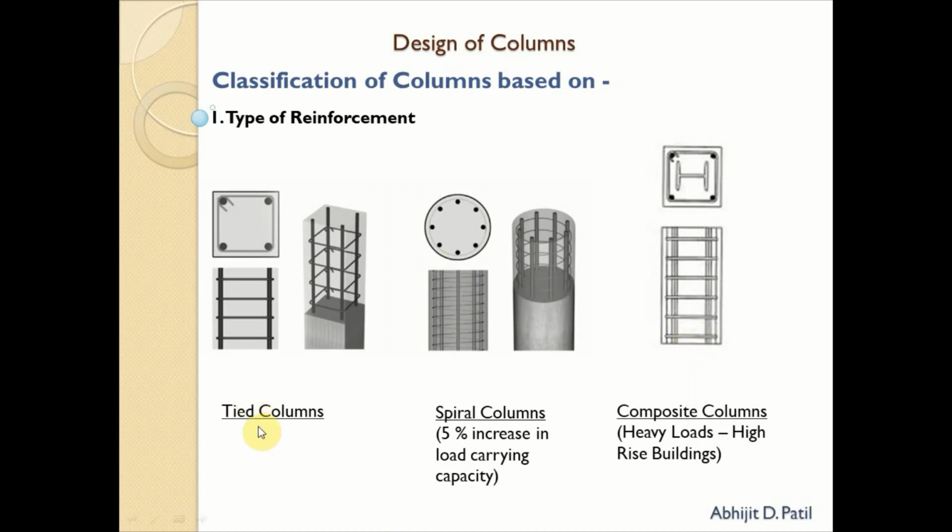Normally you will see tied columns on any normal site. Spiral columns are rare on normal sites. Particularly, these spiral columns are used for piles as well as bridge piers, where the loads are high, like high-rise buildings.